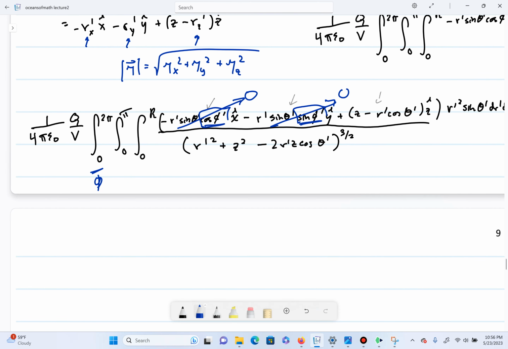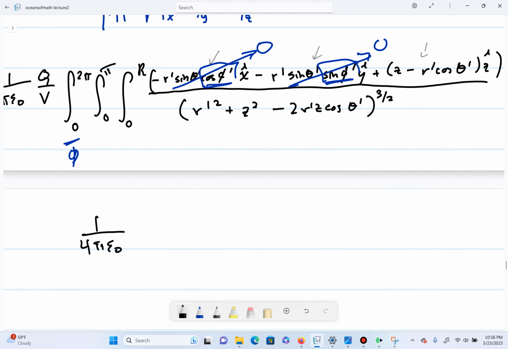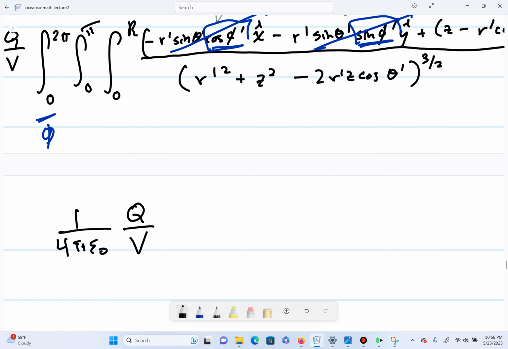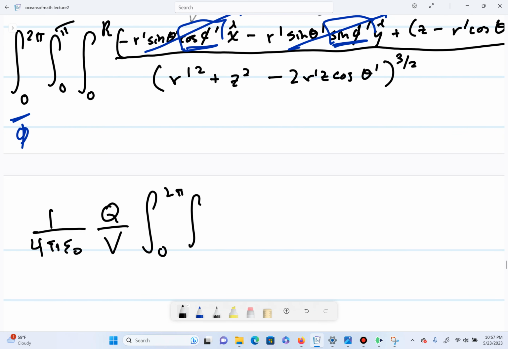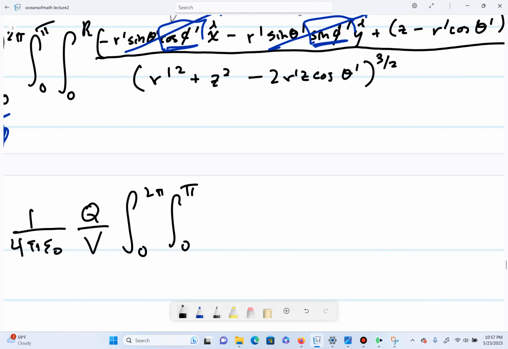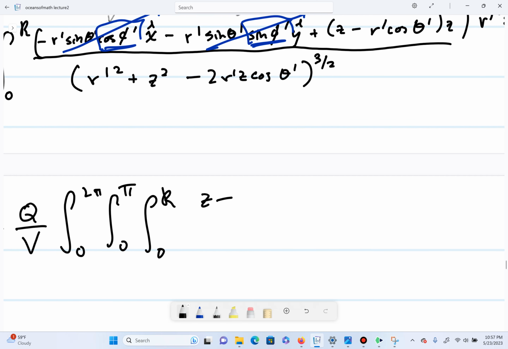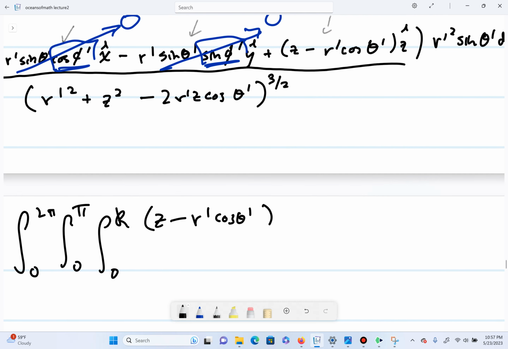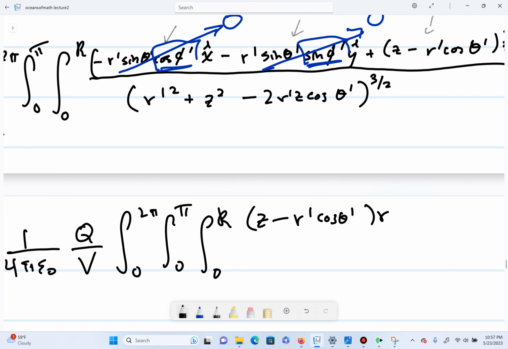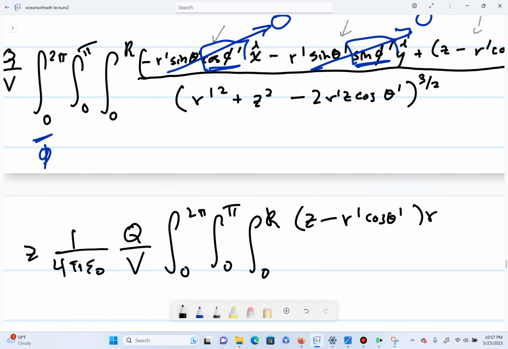And so finally, we're left with the beautiful 1 over 4 pi epsilon naught, q over V, integral from 0 to 2 pi. And when I say beautiful, I'm semi-sarcastic, but not even really sarcastic, because this really is beautiful stuff. So (z minus r prime cosine theta prime) times z hat, let's put the z hat out in front.